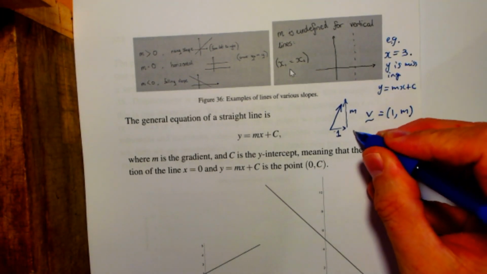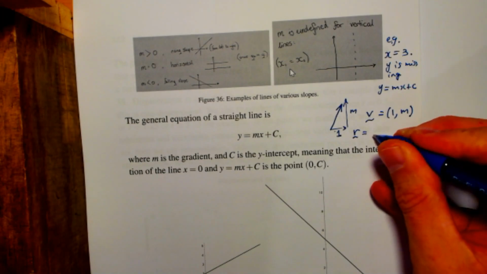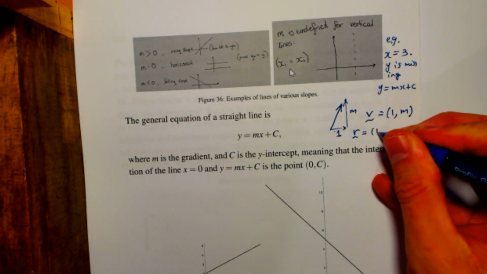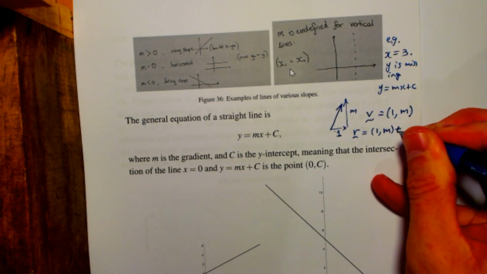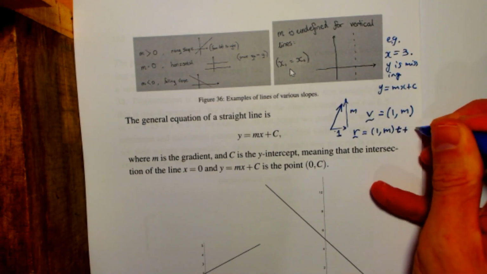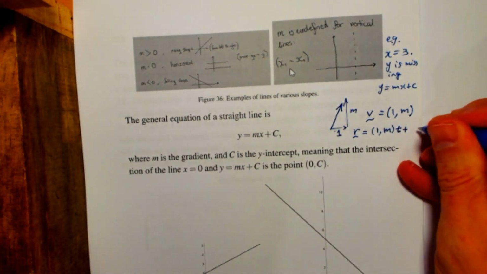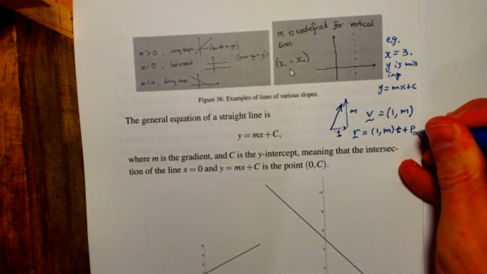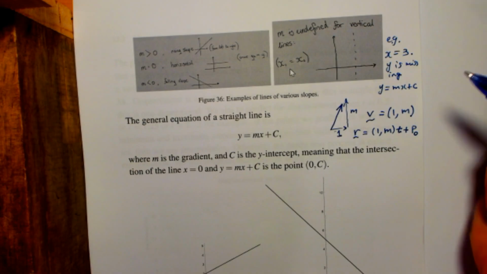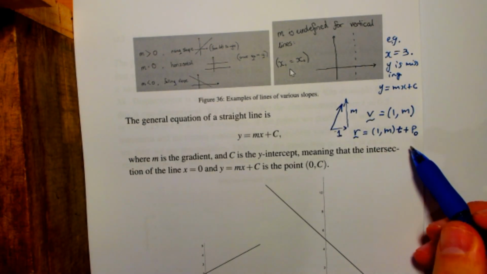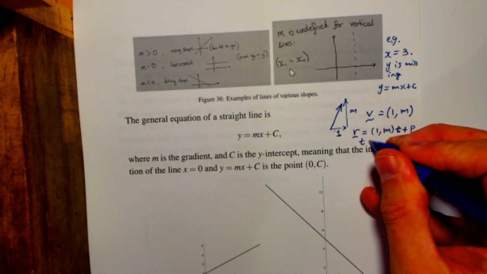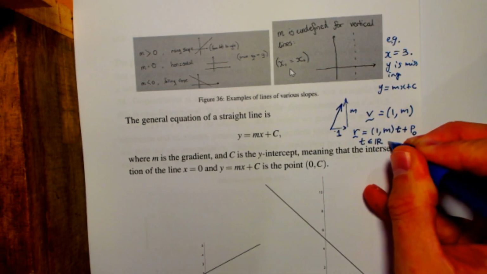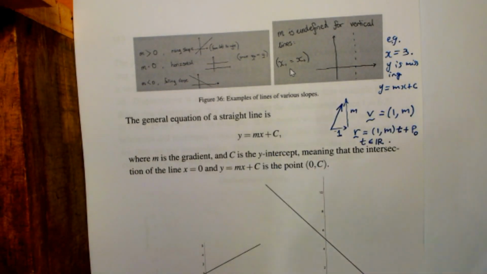And then I could write r equals the vector (1, m) multiplied by some parameter t, and then plus some point that I already have that's on the line. Let's say p0. Now this gives you a description of points for any real choice of t. It just gives you another way to represent that line in terms of vectors.